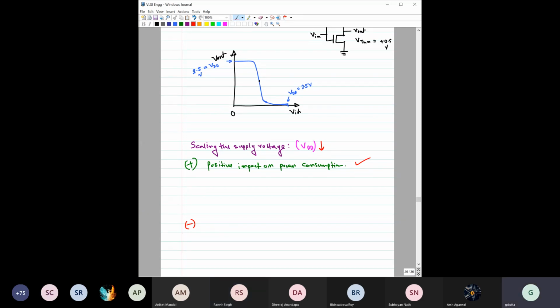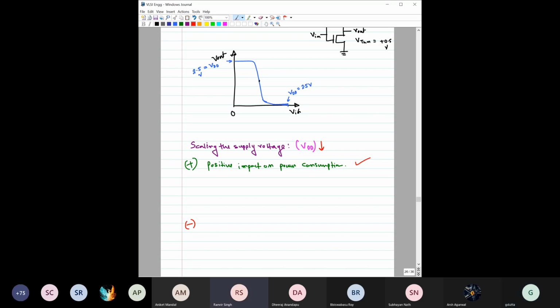Gain. Why would there be less? What do you mean by less headroom for gain? Sir, the center point will be very less, so the gain swing will be very less, I guess. Yeah, swing. But how does that affect the inverter performance?